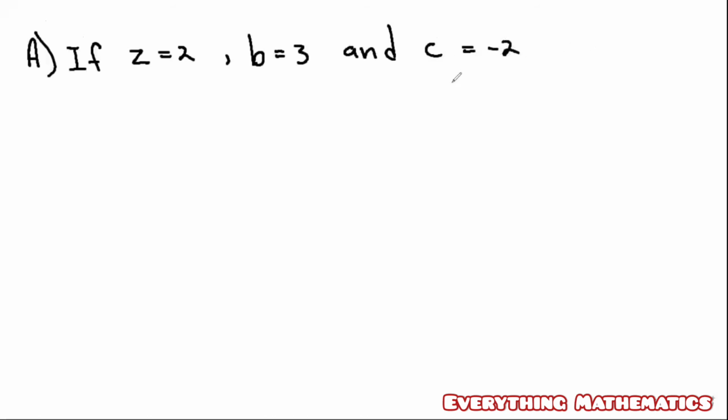Let's call it A, that's the question. So if, let's say, z is equal to 2, let's say b is equal to 3 and c is equal to -2. Yes, it could be a negative value.